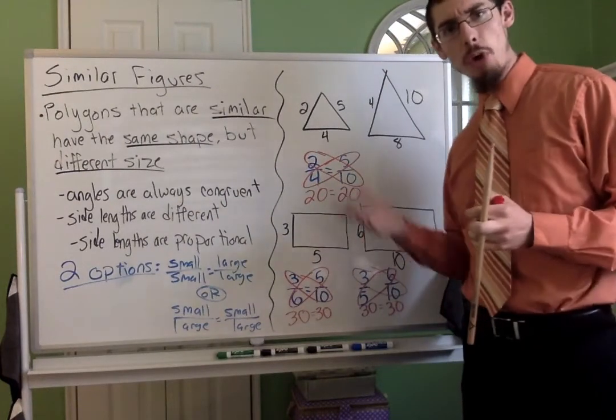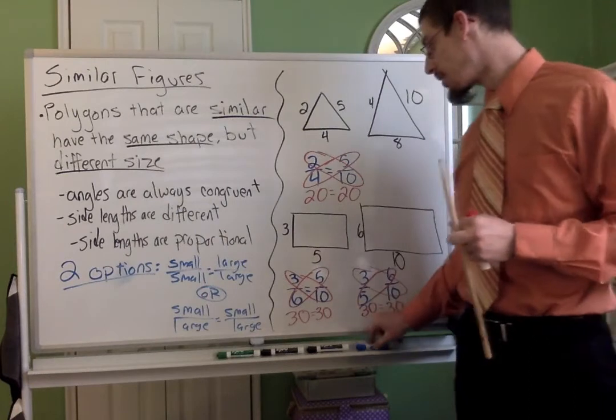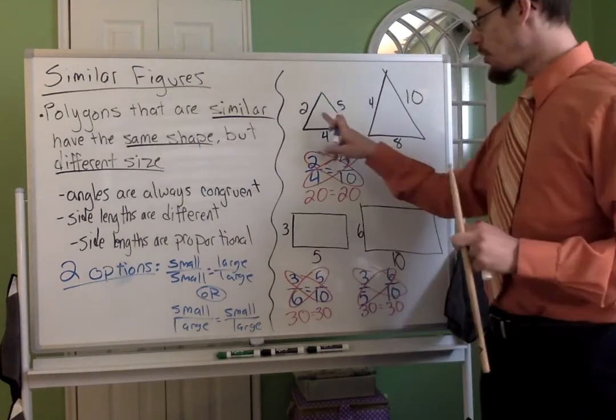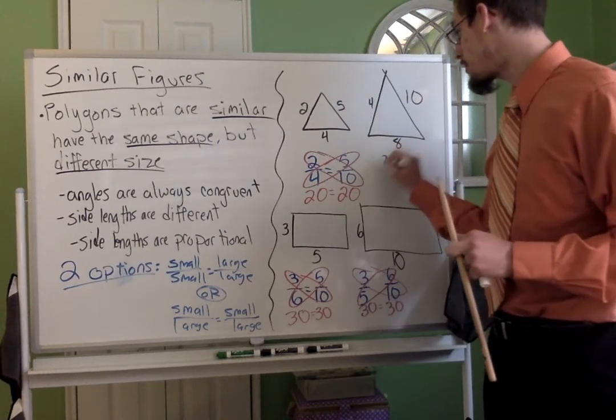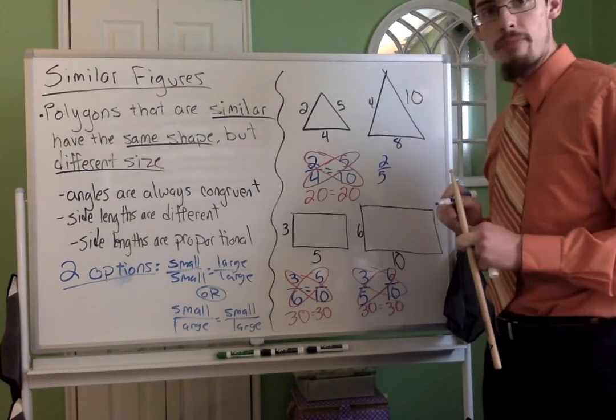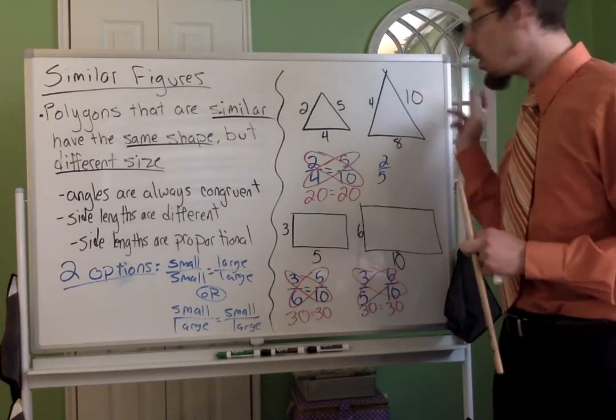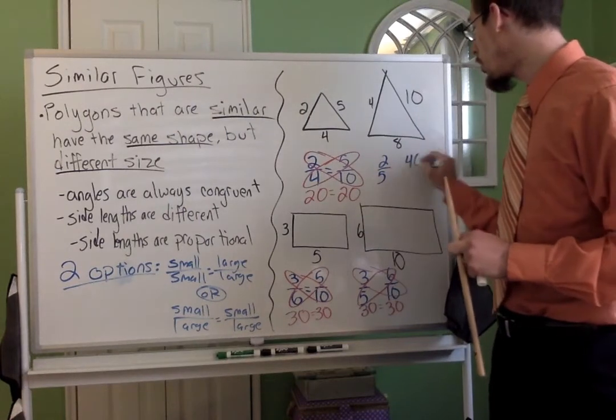Let's just show that in this example up here. So small over large would be 2 over 5, right? And on this one, small over large would be 4 over 10.